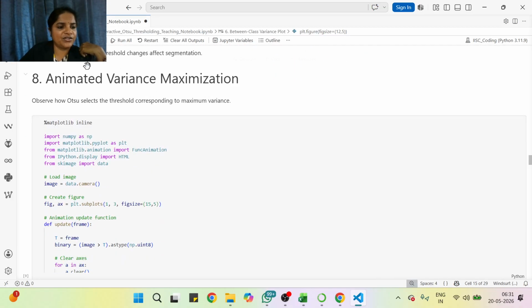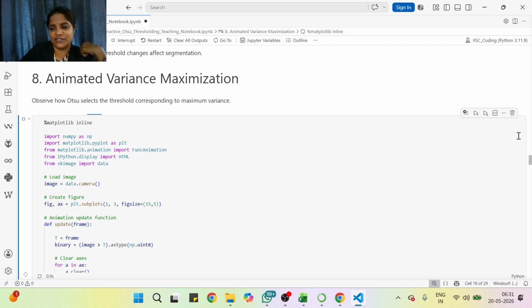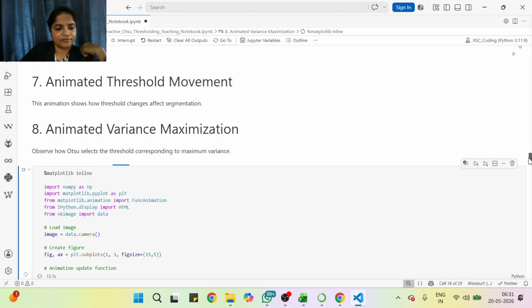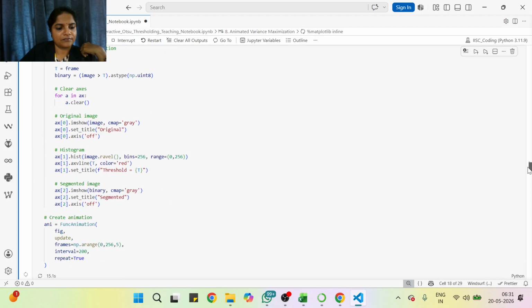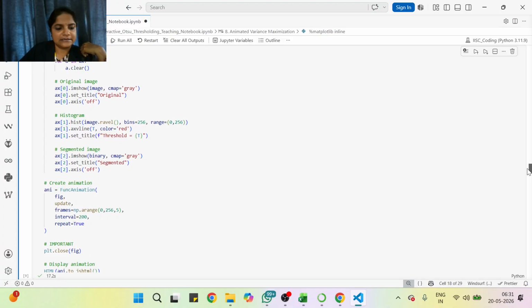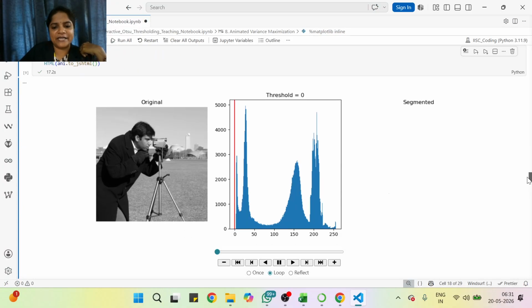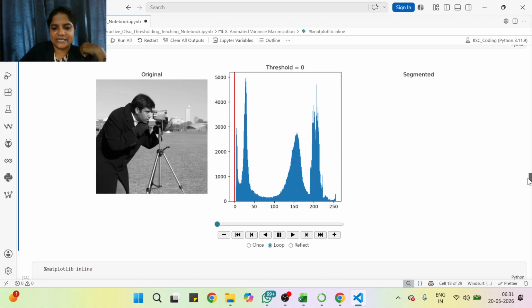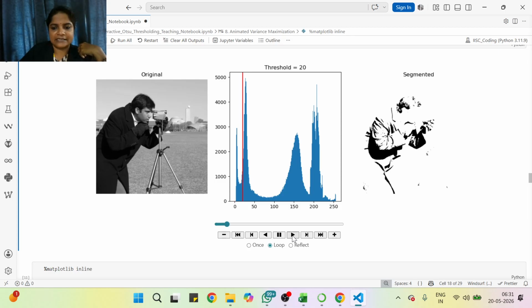Here I'm just going to show you an animated version of the graph just for us to understand. Program is running. Now this is the animated version of our segmentation. I'm going to run this animation.